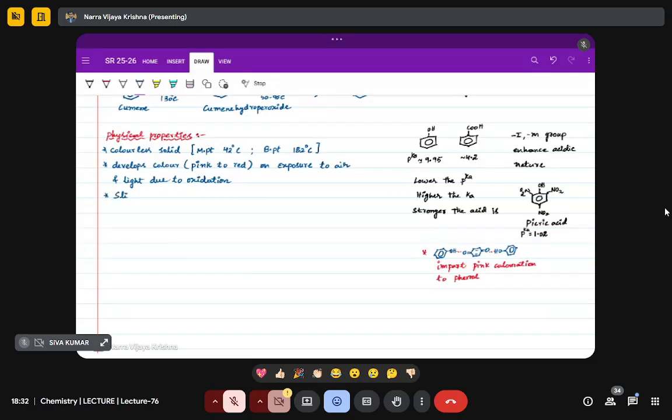Slightly soluble in water, not readily soluble in water due to presence of benzene. Due to presence of OH group, it can form hydrogen bonding to some extent. So sparingly soluble in water, slightly soluble due to hydrogen bonding.